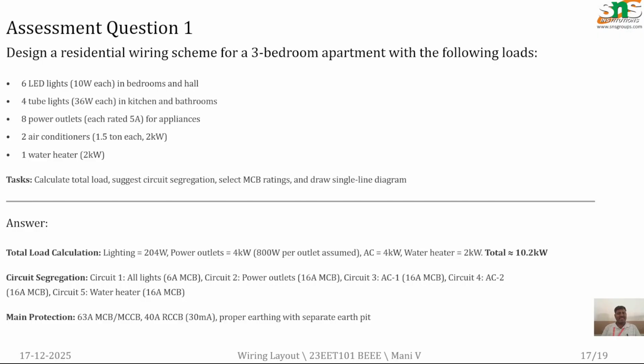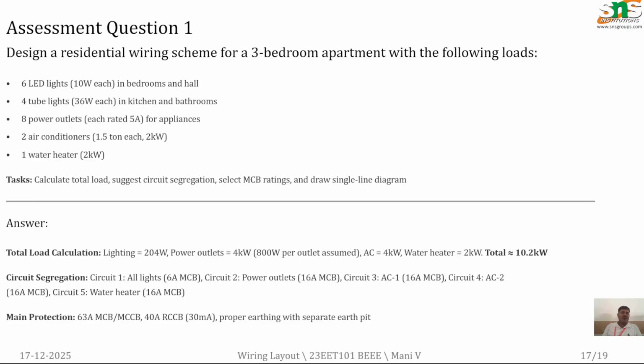Design a residential wiring scheme for a three-bedroom apartment with the following loads. Six LEDs, each 10 watts, in the bedrooms and hall. Four tube lights, each 36 watts, in the kitchen and bathroom. Four power outlets, each rated 5 amps, for appliances.